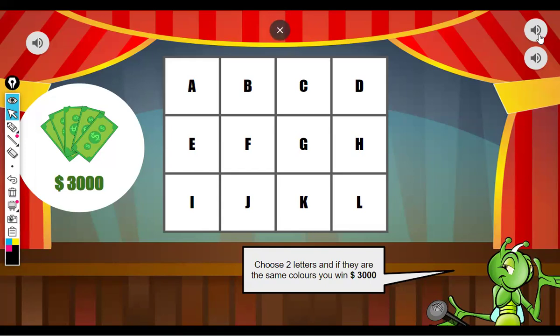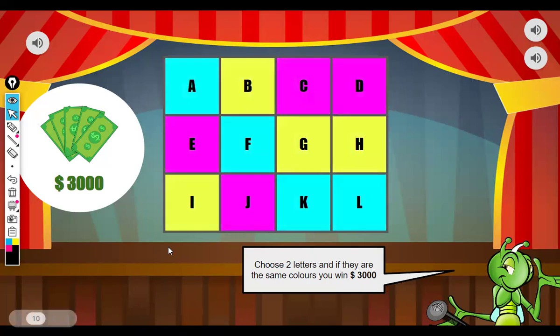Get some music going here. All right, let's change these colors. Remember, they must have the same color in order to win. Huh? Anybody won?